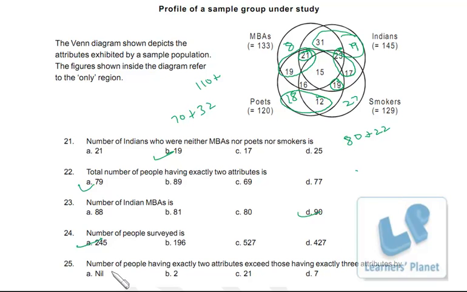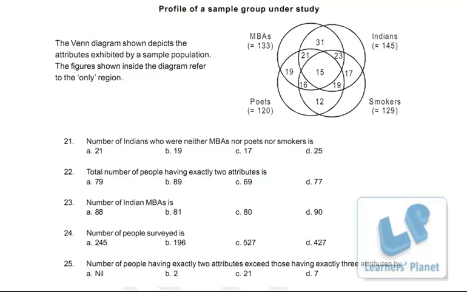Okay, number of people having exactly 2 attributes exceed those having exactly 3 attributes by. Okay, so exactly 2, that means exactly 2 is 31, 19, 12 and 17. So this is 50 and 60, 70, 79.